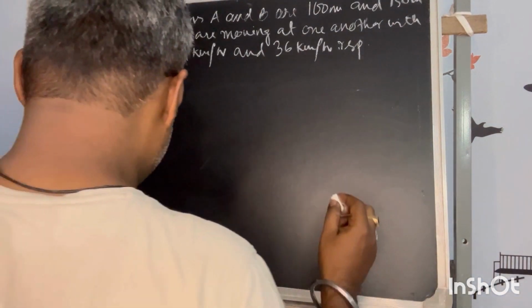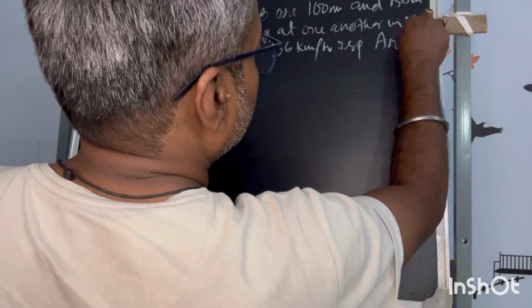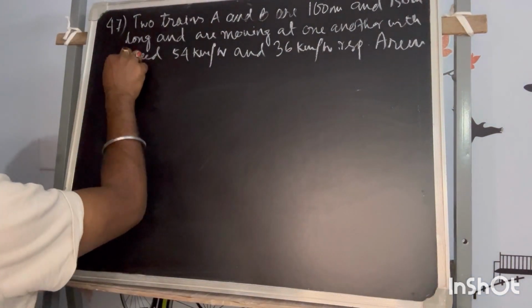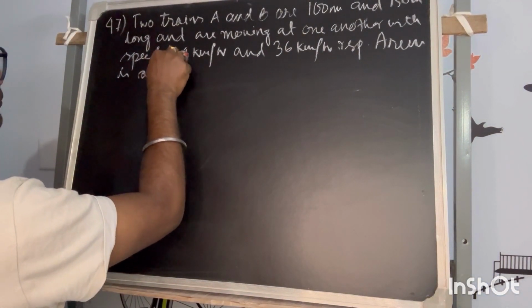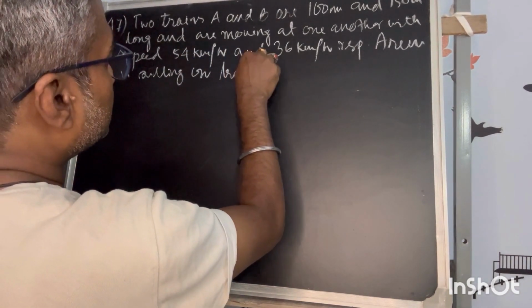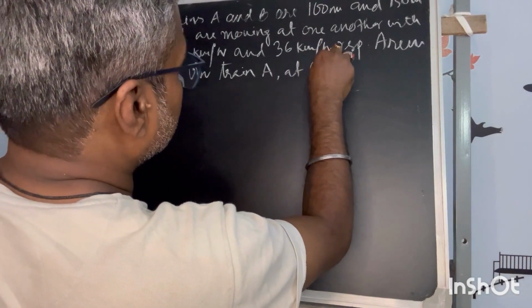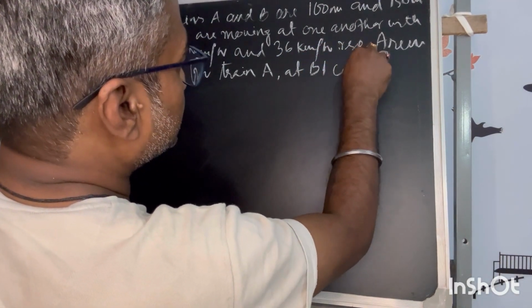Arun is sitting on the coach B1 on train A. Arun is sitting on train A at B1 coach. Okay.